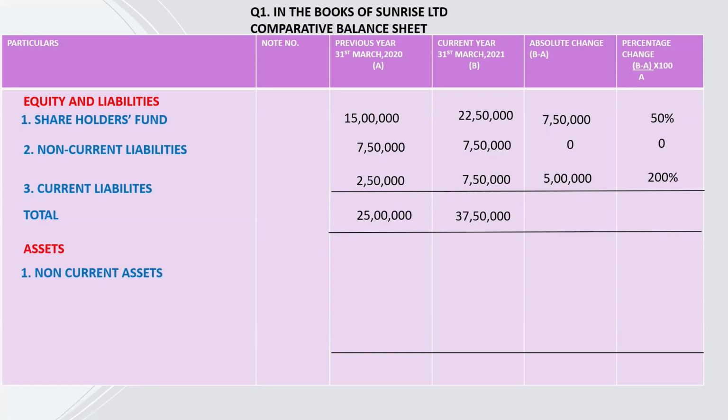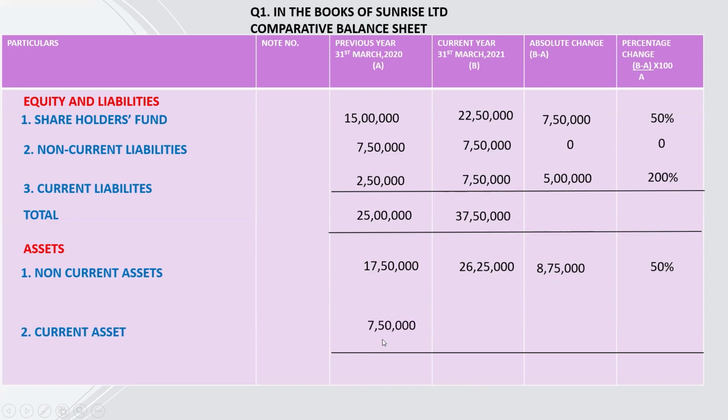In assets, we are given non-current assets 17 lakh 50,000 and 26 lakh 25,000. So the difference is 8 lakh 75,000. When this 8 lakh 75,000 is divided by 17 lakh 50,000, we have percentage change of 50%. Now we have current assets.